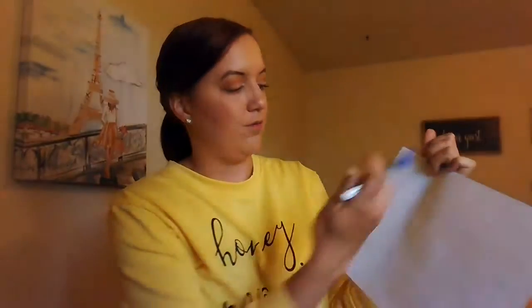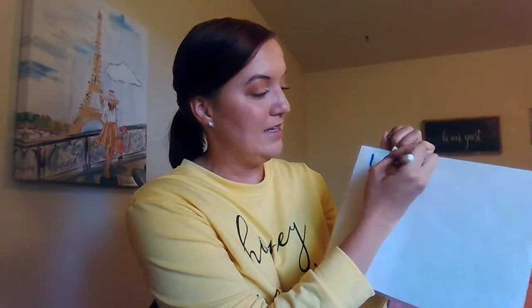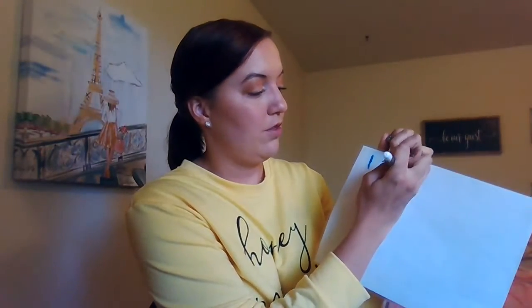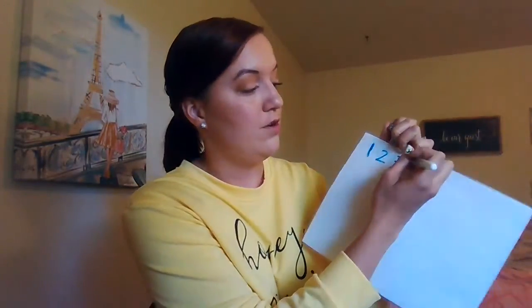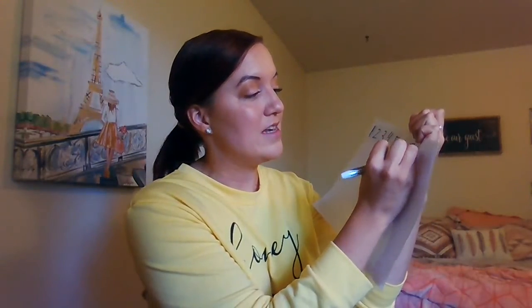So I'm just going to write out kind of how it works. So you have the first is number 1, second is 2, 3, that's third, 4, that's fourth, 5 is fifth, 6 is sixth, 7 is seventh, 8 is eighth, 9 is ninth, 10 is 10th, and so on and so forth.